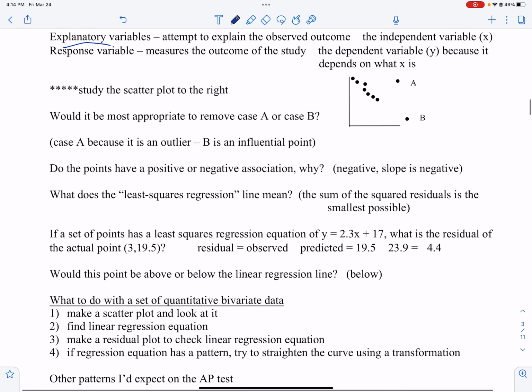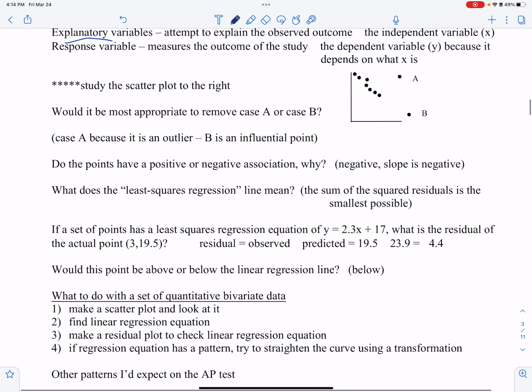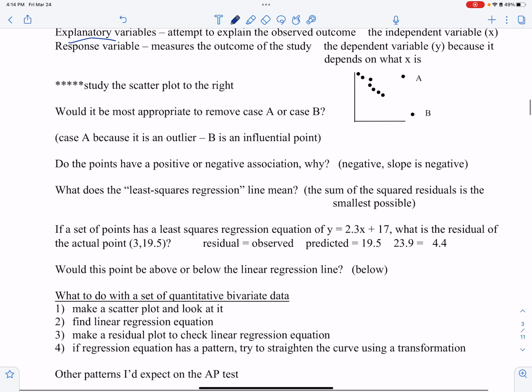Okay, so when we look at this scatter plot over here to the right, remember how I asked, would it be most appropriate to move case A or case B? Case A is an outlier because it was not in the pattern of the data.